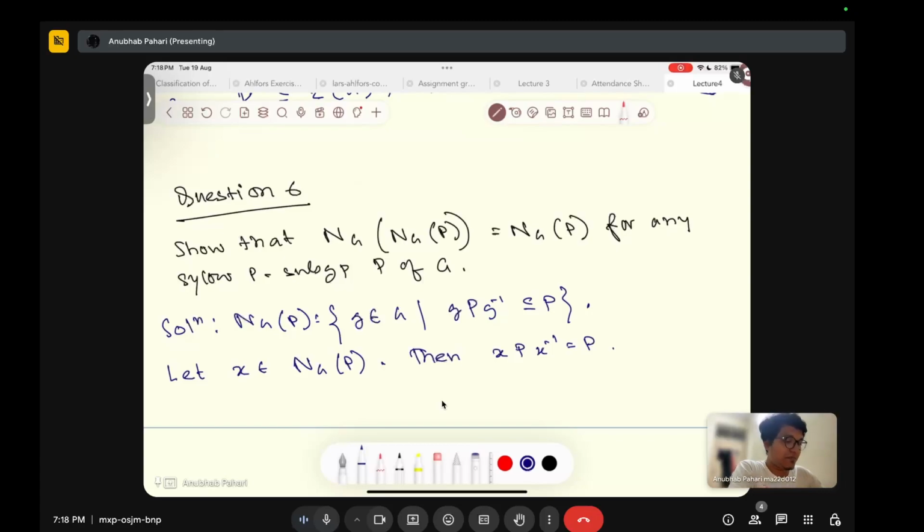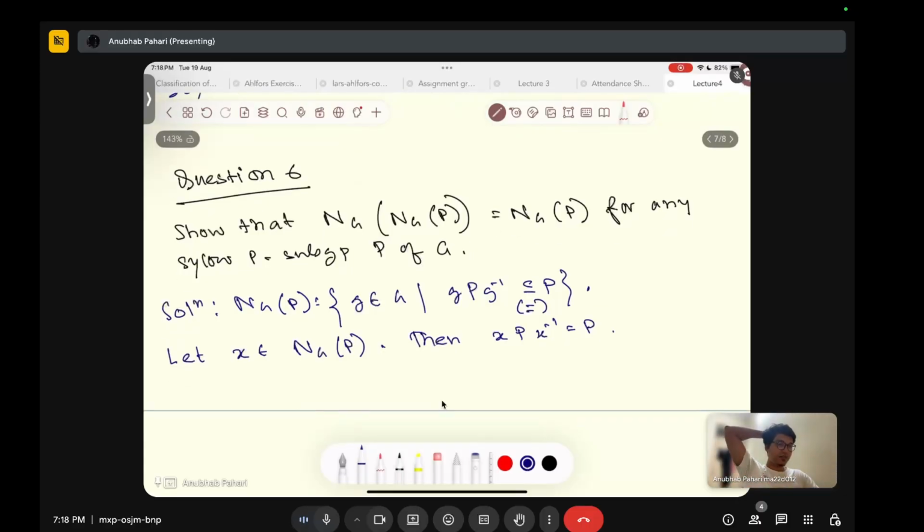I should write this because P is a finite order group and conjugation by x is an automorphism, so the order of x P x inverse and P should be the same, hence the equality.